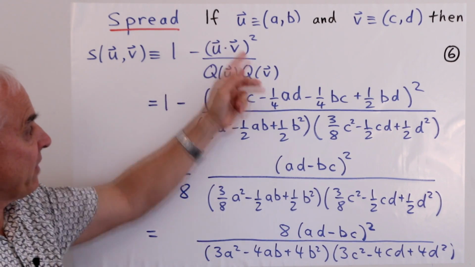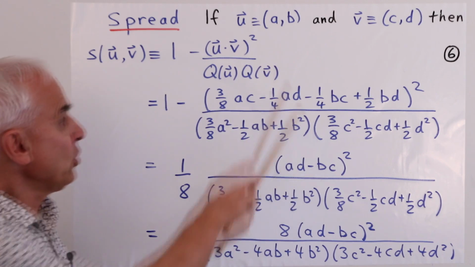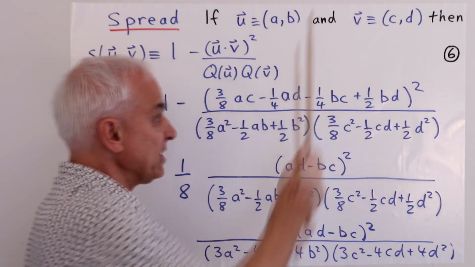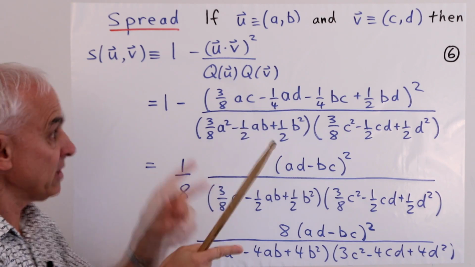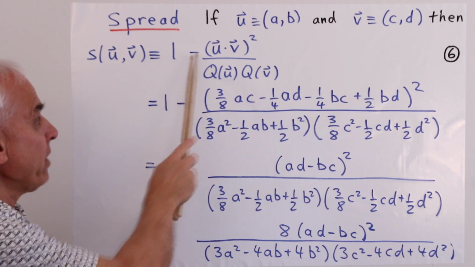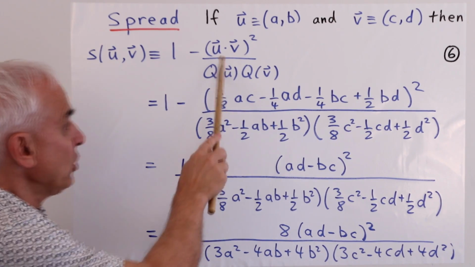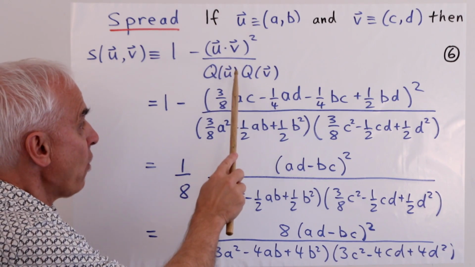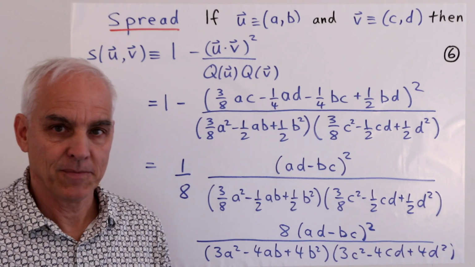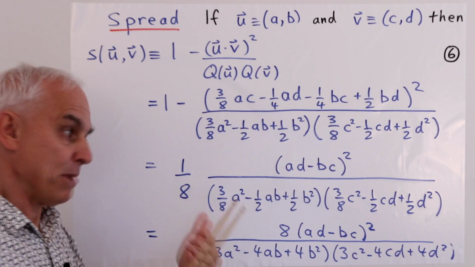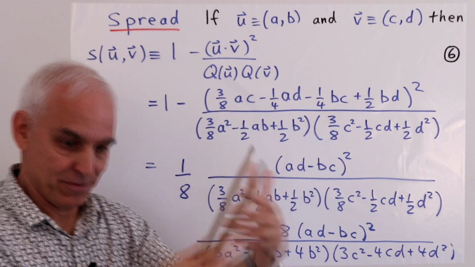It's this fundamental formula. So if u is the vector AB and v happens to be CD, then the spread between the two vectors, u and v, is by definition 1 minus u dot v squared over the product of the quadrances of u times the quadrances of v. And of course, we're talking about the dot product that we're looking at.